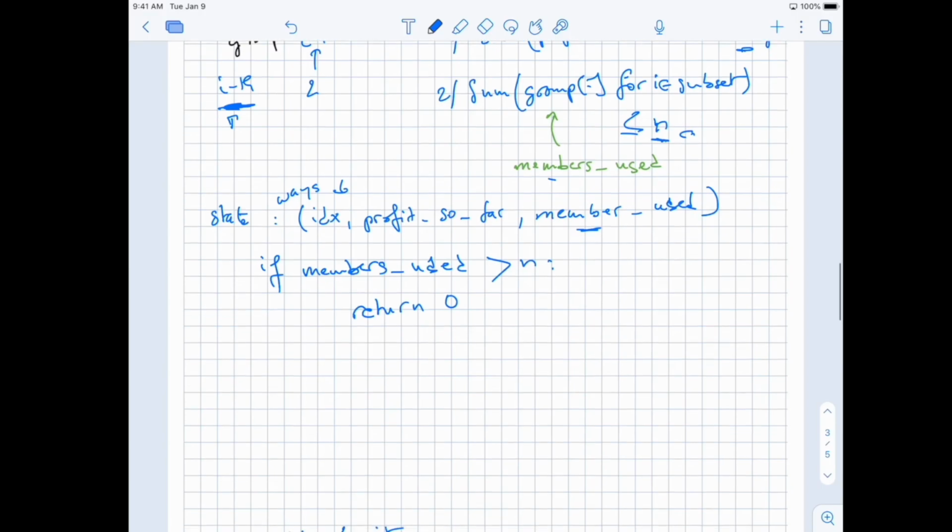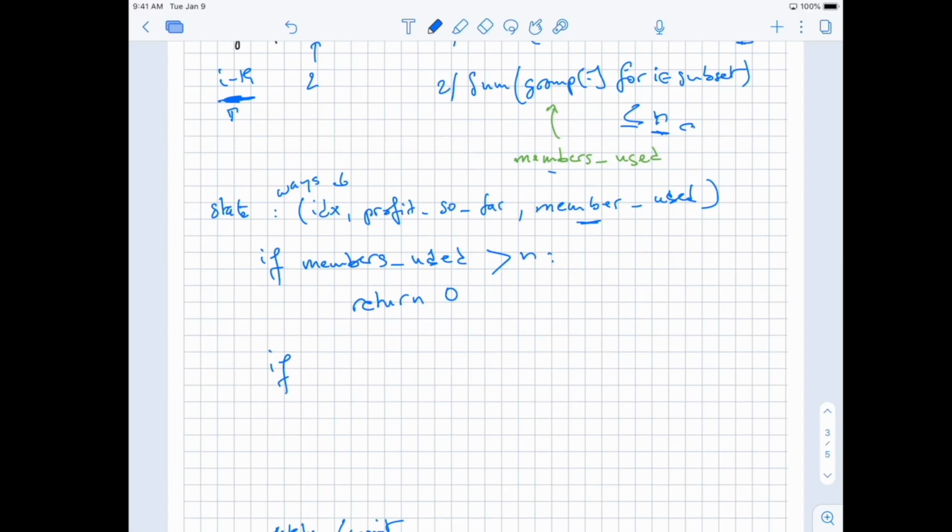Okay? Now what if it's within members used, but we reached the end of the group, so there are no more crimes to commit or not, which basically means index is equal to the length of the group.